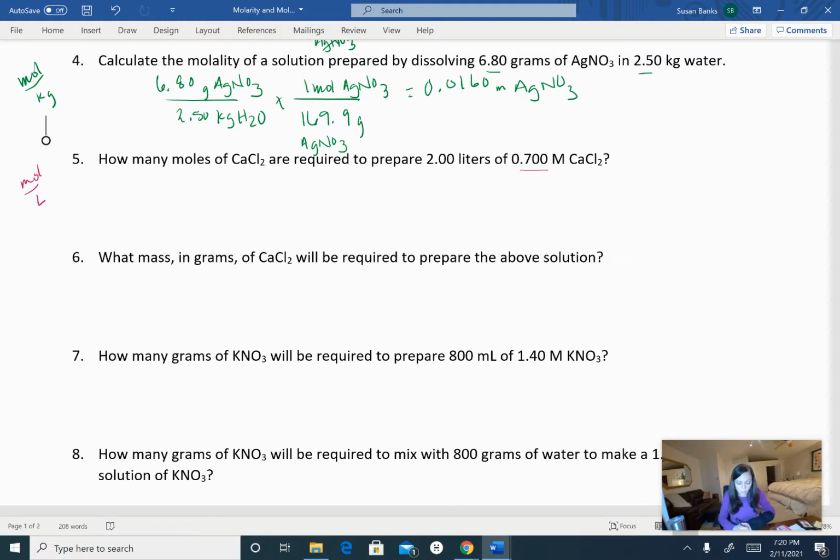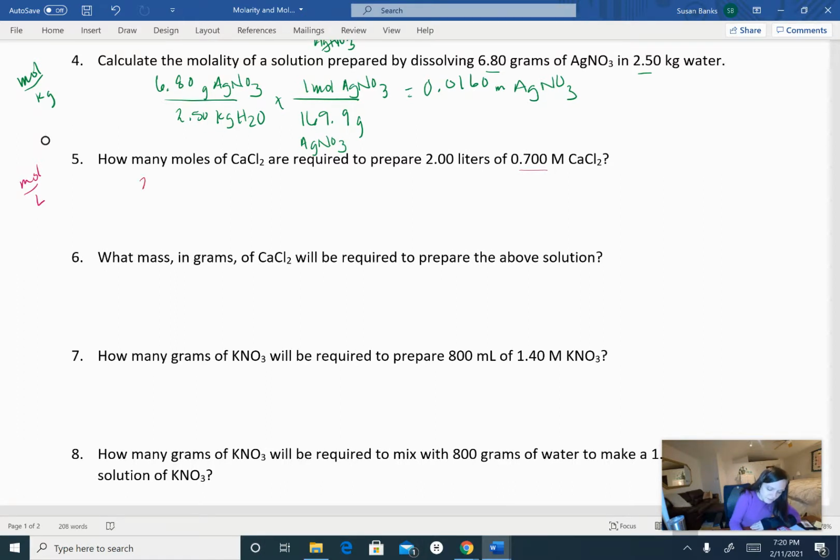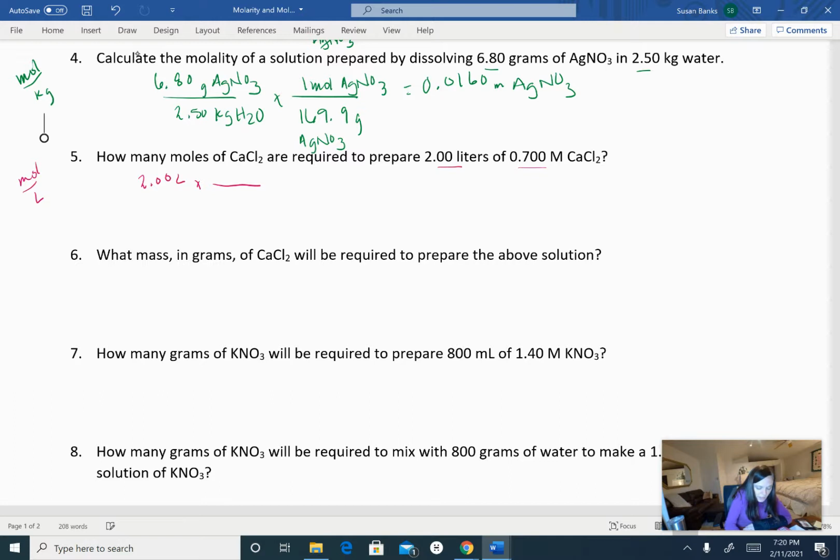We're going to start with, let's see, we need moles, so we don't even need molar mass. We're going to start with our 2 liters. We have 2 liters of solution that we want to make, right? And I'm going to use this concentration of 0.7 moles of calcium chloride in 1 liter of solution to cancel out that liter right here.